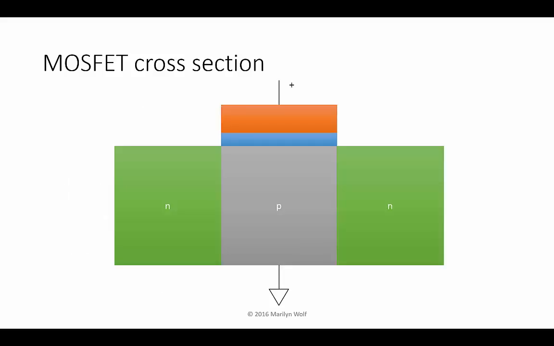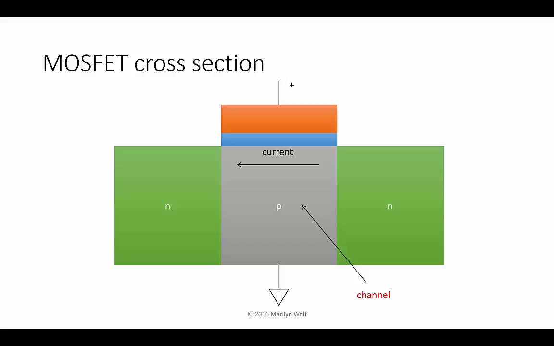Here's a cross-section of a MOSFET. We see the gate material and the oxide that separates it from the rest of the transistor. The drain and source are shown here. In this case, they're doped N, making this an N-type transistor.